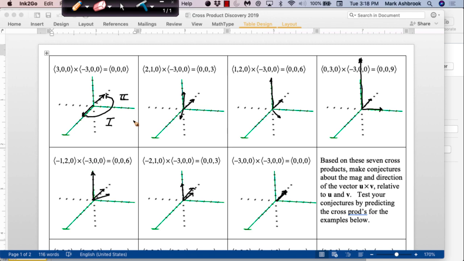So what happens when the vectors are parallel? What do we see? In which cases are the vectors parallel? The first one and the last. First and last, right? So the first and last are parallel, and what happens?